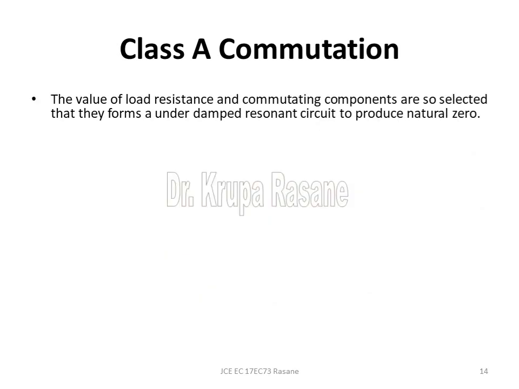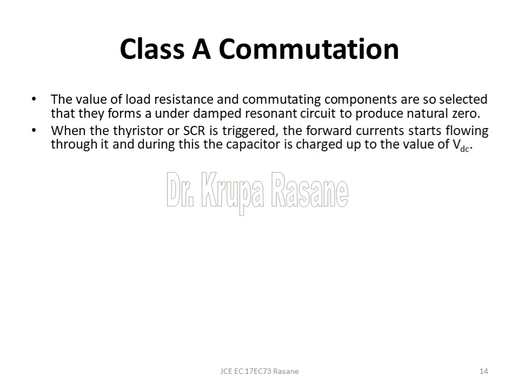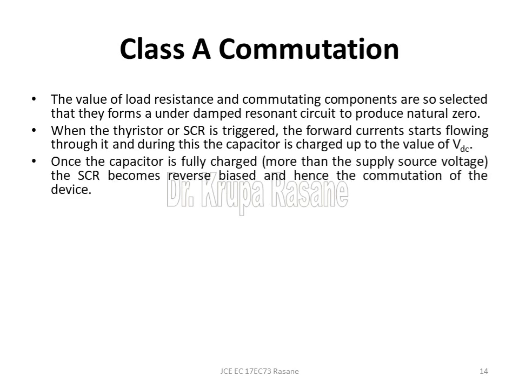So now let us look at class A commutation, a little more explanation. The values of load resistance and the commutating components are so selected that they form an underdamped resonant circuit to produce a natural zero. When the thyristor or SCR is triggered, the forward current starts flowing through it, and during this the capacitor is charged up to the value of VDC.